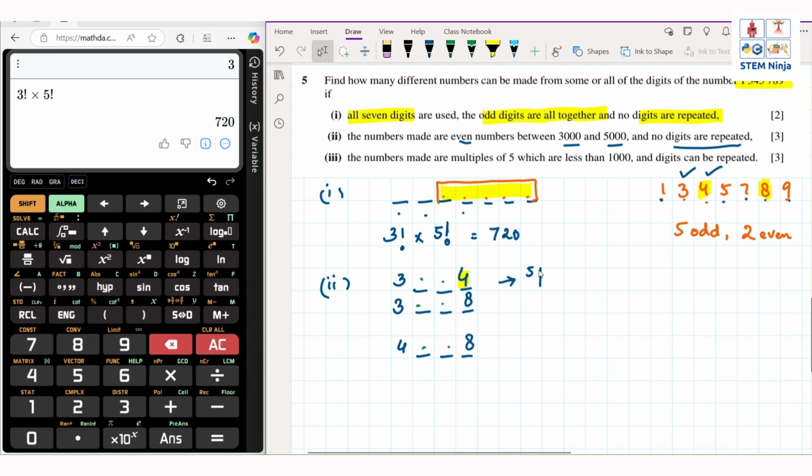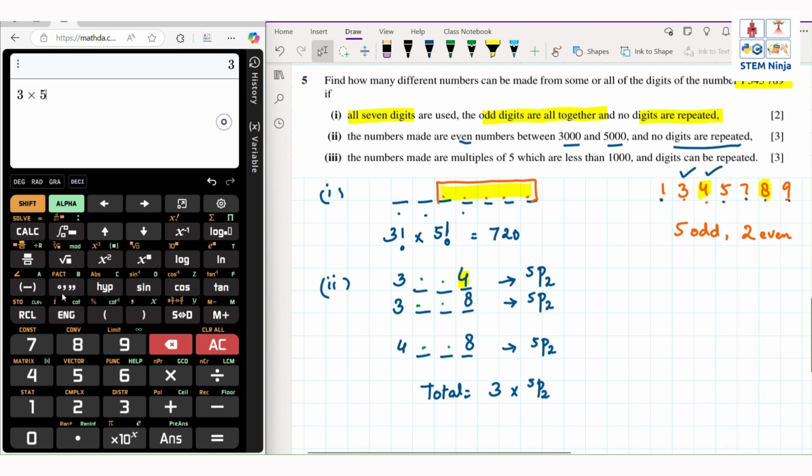So we will have 5P2. Same case, 5P2. Same case, 5P2. So we just need to add these together. So total would be 3 times 5P2. So 3 times 5P2, we get 60.